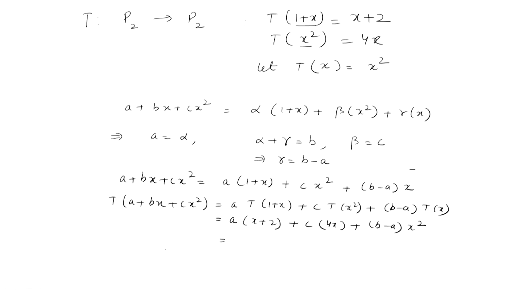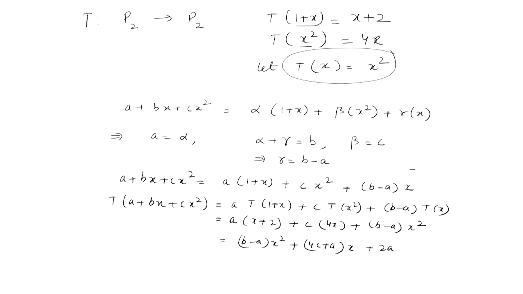So, that will be equal to b minus a times x square plus 4c plus a times x plus 2a. So, this is the required linear transformation, one such linear transformation. There are infinite ways to choose the third expression, so there are infinite linear transformations of such type, but one such linear transformation is this.